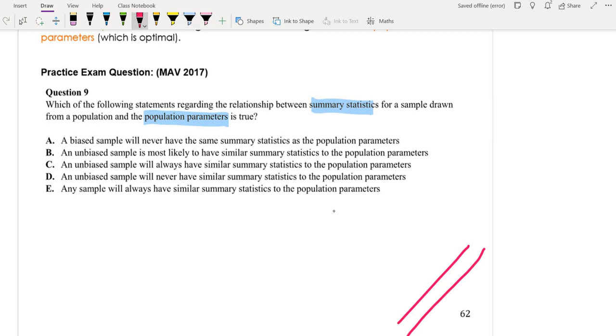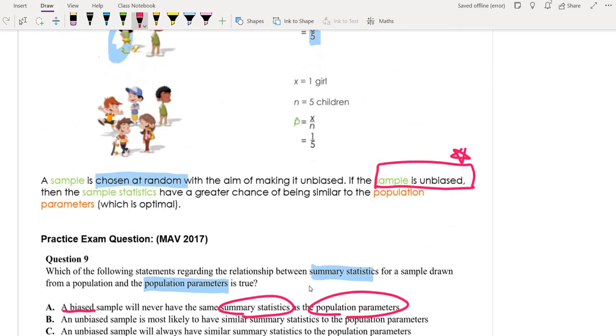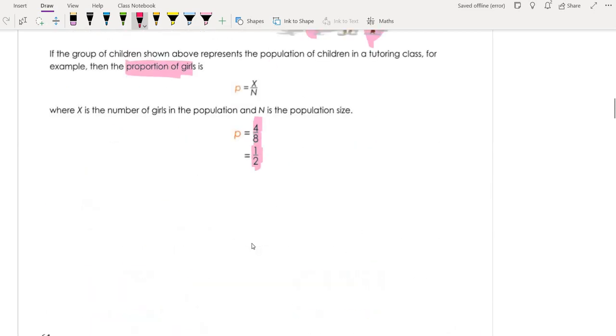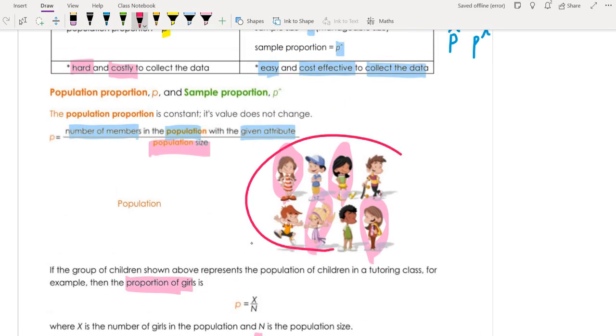Looking at the first one, it says a biased sample will never have the same summary statistics as population parameters. So when a sample is the same as the population, that will only happen if we have a really unbiased, really good sample, right? If we pick the sample really well, you would imagine the smaller number of people will represent the same sort of opinions as the whole population.